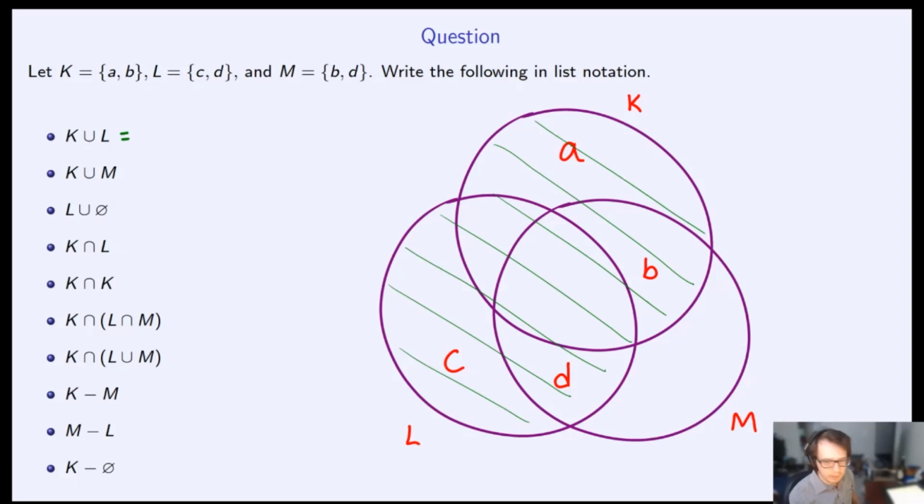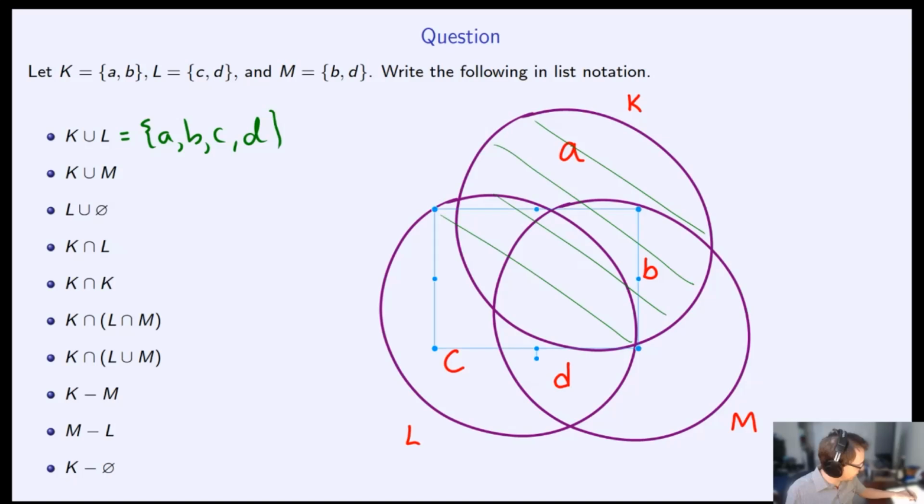So things that are A, B, C, or D. So you could do that image. You could basically just draw the little lines over everything in K and everything in L, or what you could do above is just write out everything in K and write out everything in L, and you would get your set.